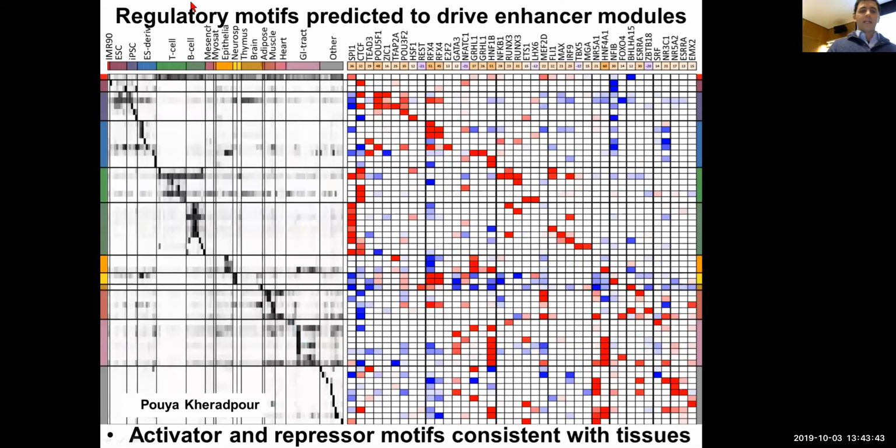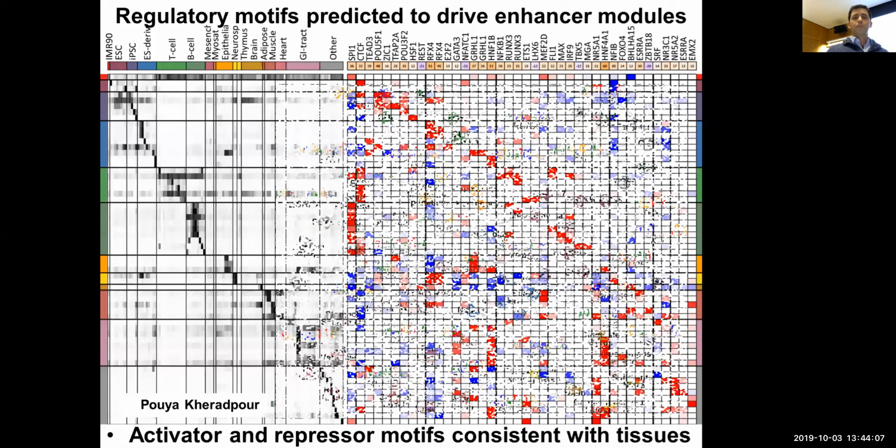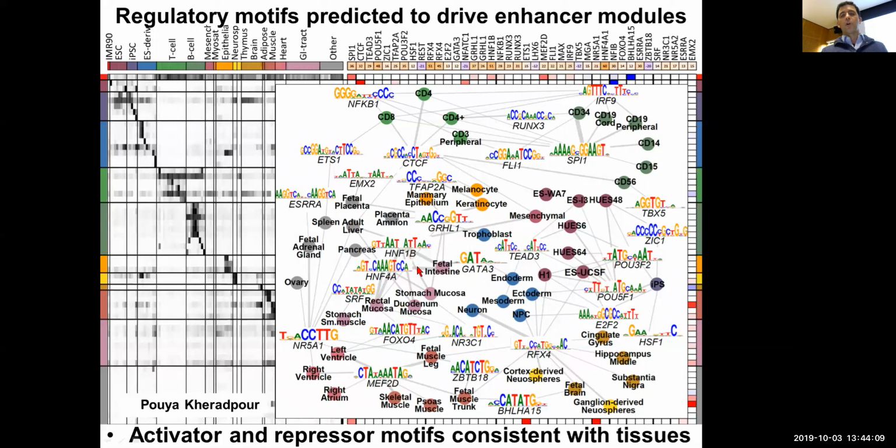And of course, we can extend that to now 127 different cell types, 200 different clusters, and dozens of different motifs that are either enriched or depleted in each of the clusters, and then using the expression correlation, infer whether the corresponding regulator is an activator in orange or a repressor in purple. Everybody with me so far? And from that, we can infer a circuitry of who are the regulators and their corresponding motifs that control enhancers active in different clusters of tissues or cell types.